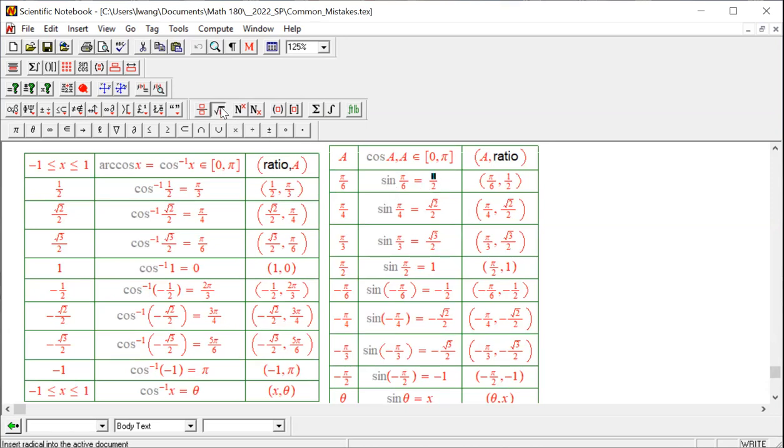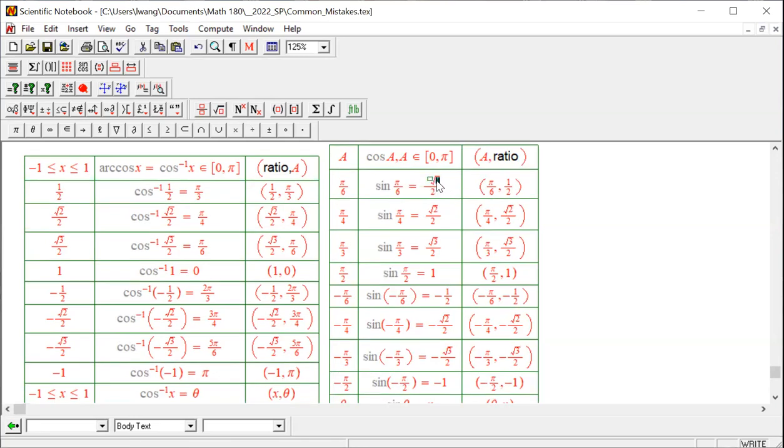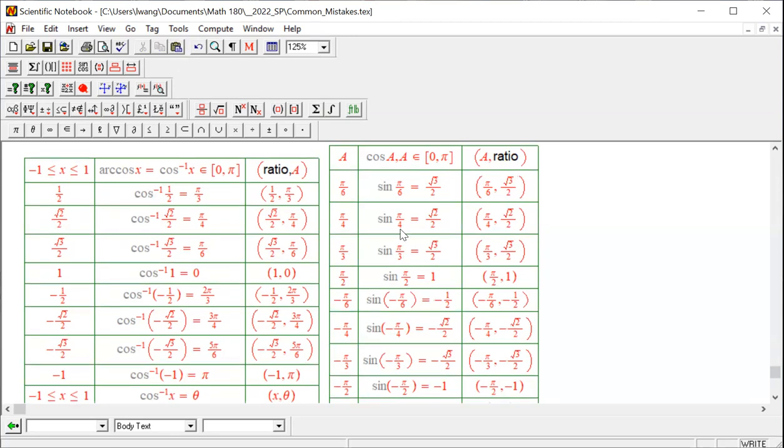Equals root 3 over 2. And this is a cosine, and that's going to be the same, right?